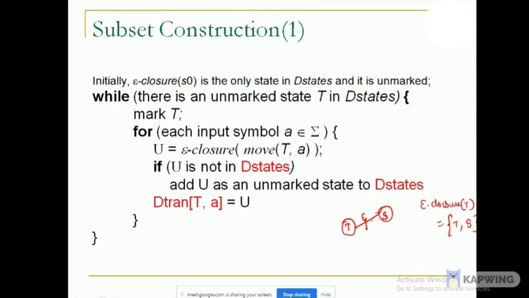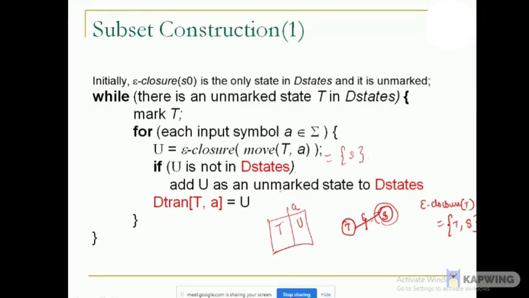U is the state which has an epsilon transition from T. If it is not present, then you keep that state as unmarked, and you can draw a transition table stating that from T there is a transition on a to the state U.